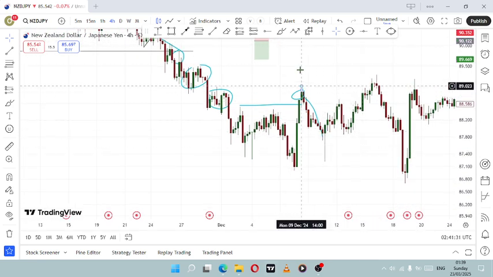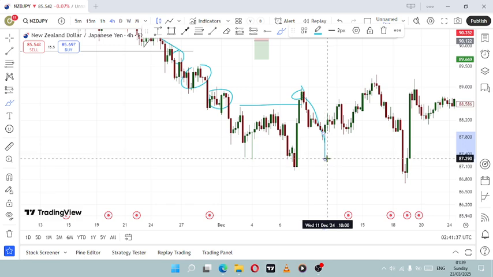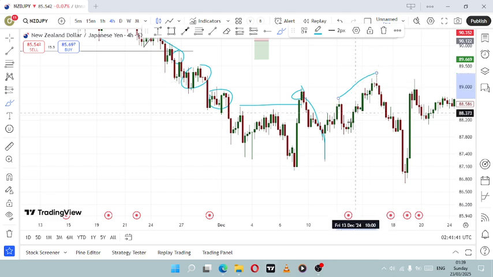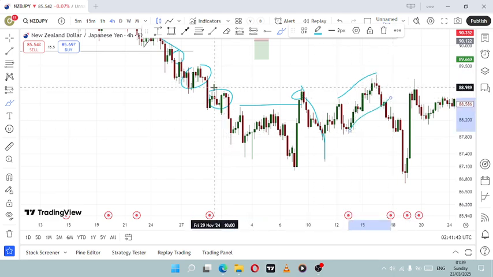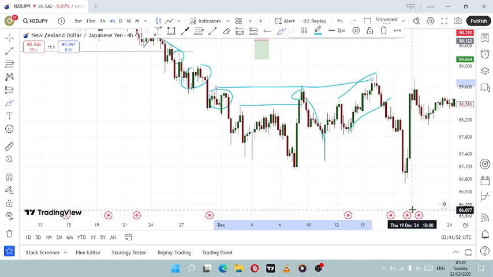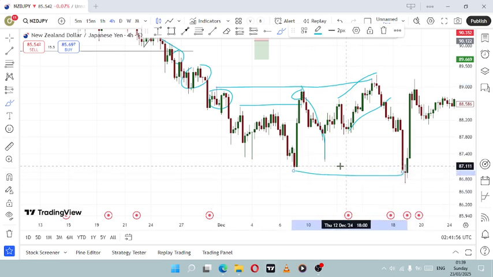When price doesn't commit to the full run, I can capitalize on that. Then here will be the gap. This one will be the full run that will move to the lows.